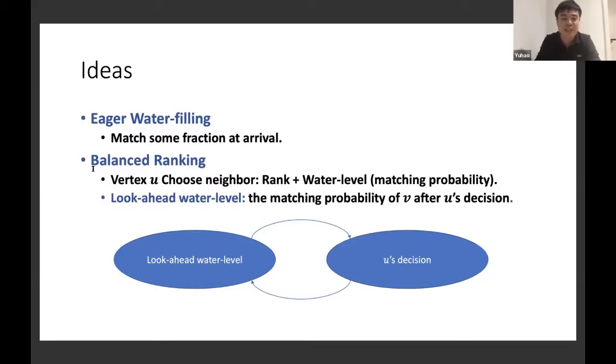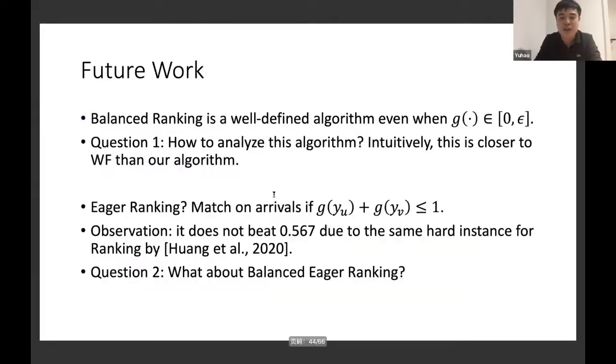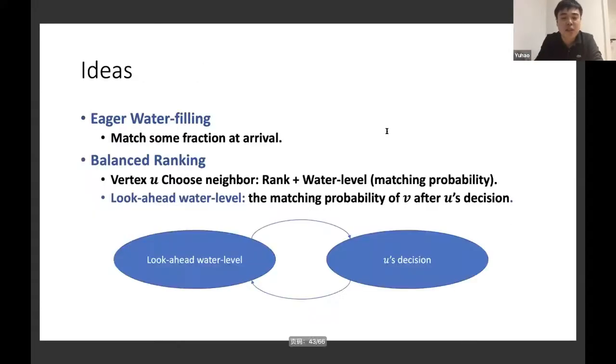I think the one thing I want to say is the calculation method of the look-ahead water level. By this property we can guess the look-ahead water level. I think this technique may help to design many other algorithms in different settings.